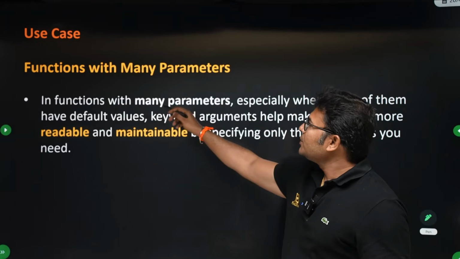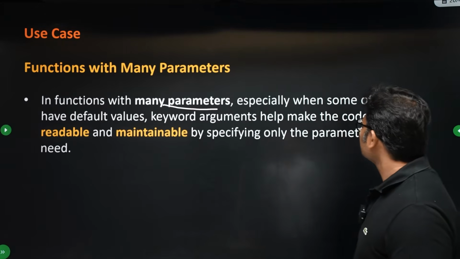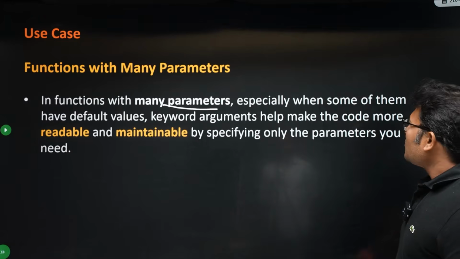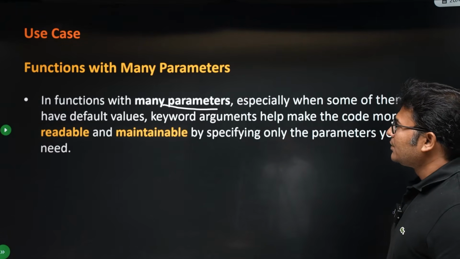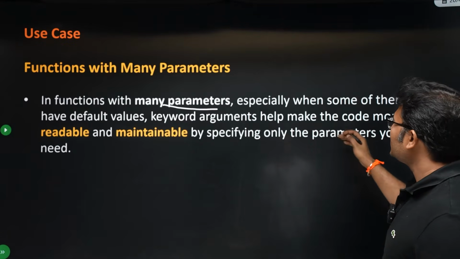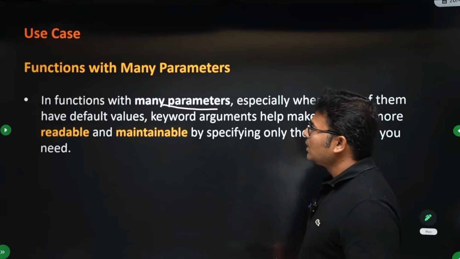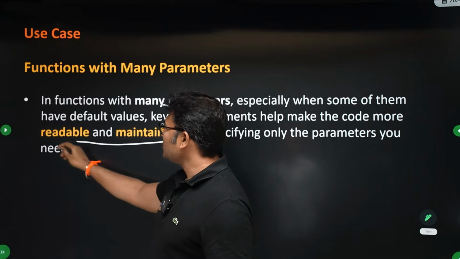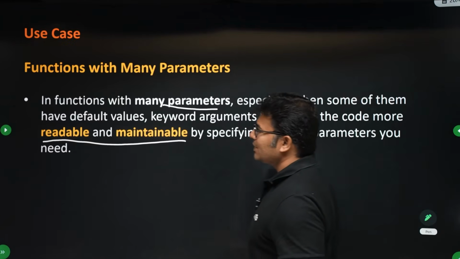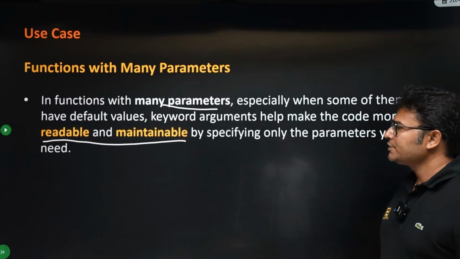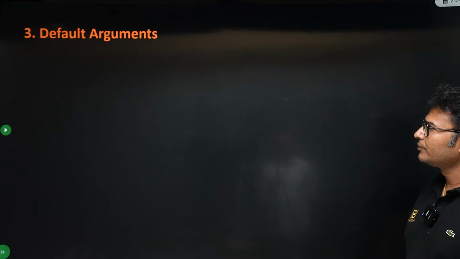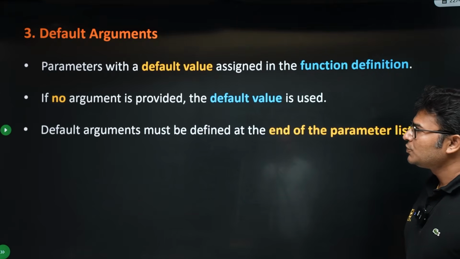Now in a function with many parameters, some of them may have default values, right? And keyword arguments will help us to make it readable and maintainable. So when you have keyword arguments, it is easy to read and understand which parameter you are talking about, right? Now default values, you already know this.